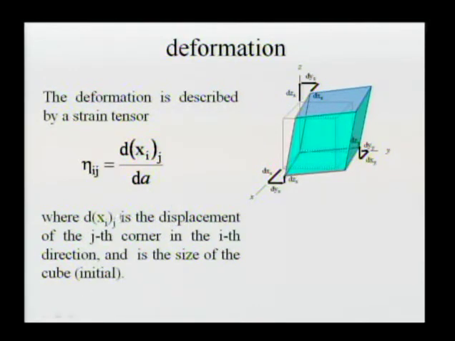No, sorry, I made it the other way around. So dx_ij is the displacement of the jth corner in the ith direction. All right.